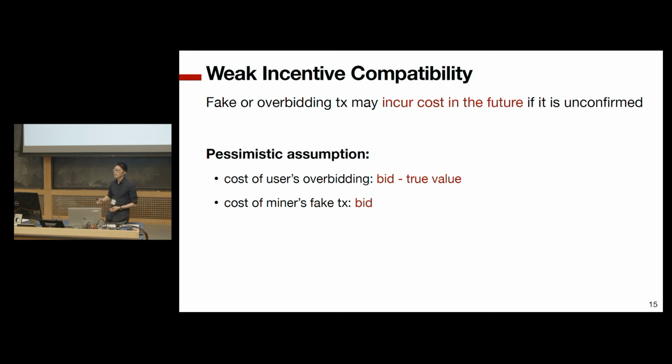We call this assumption the pessimistic assumption. That means if the coalition overbids and that bid is unconfirmed, it may be confirmed in the future, so the cost of this overbidding is the bid minus the true value. And if the miner injects a fake bid, the fake bid itself has no intrinsic value, so the cost for the miner to inject the fake bid is the bid itself.